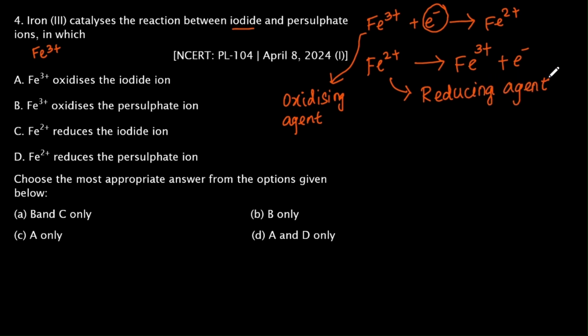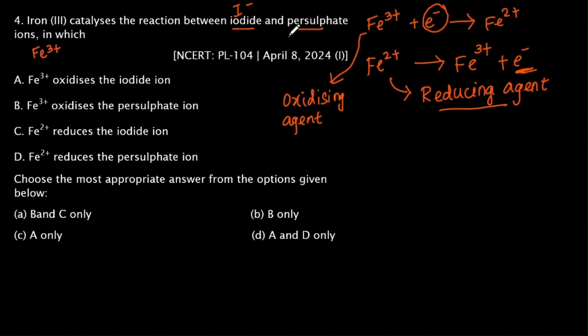The meaning is, when a substance is getting reduced, it will oxidize the other substance which is present in that reaction, and when a substance is getting oxidized, it will reduce the other substance present in the reaction. So in this case, iodide ion is given. Iodide is I-. So iodide ion will be converted to iodine molecule. You keep that in mind.